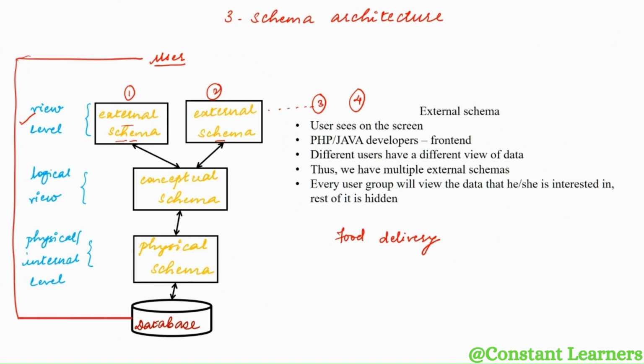Now, it is good to have multiple different external schemas, that is, multiple different views of the data. Why? It hides unnecessary data from the users that don't need it. Something that I don't require will not be visible to me. It also helps with security, because not everyone has permission to view or modify all kinds of data.